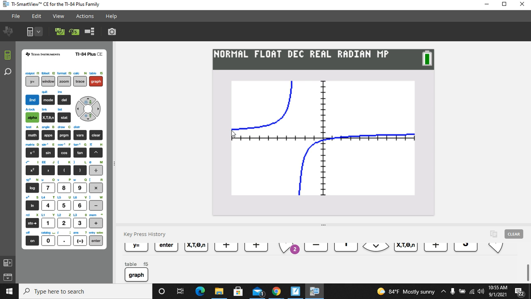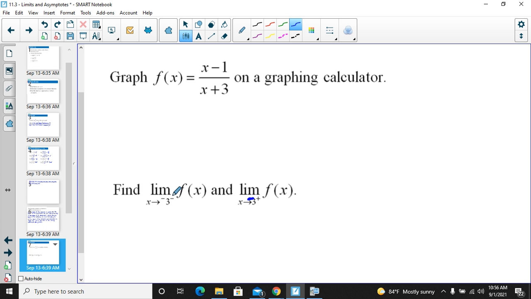So as I approach negative 3 from the left, what is happening to my y? It increases forever, right? So I'm going to what? Infinity, right? Now, this is kind of the weird thing here. The limit as x approaches negative 3 from the left of f of x, all right?